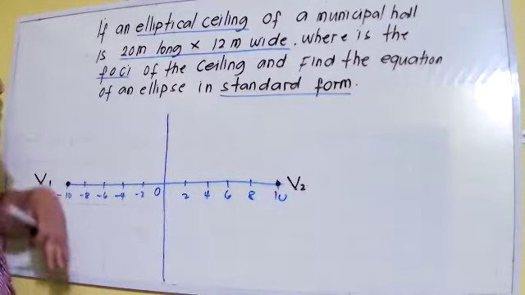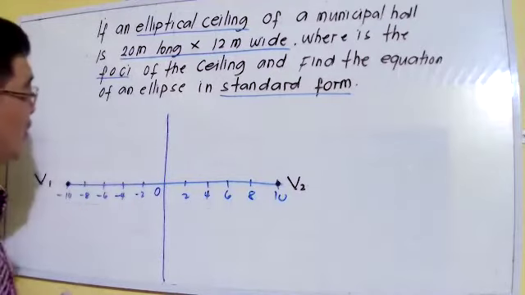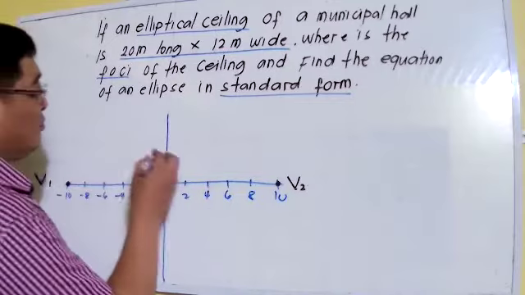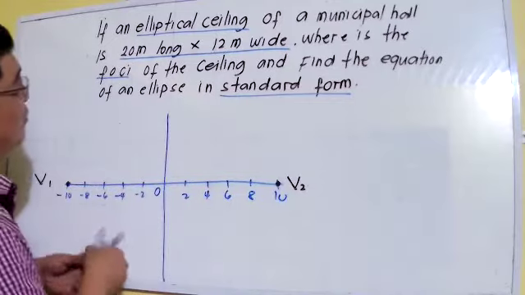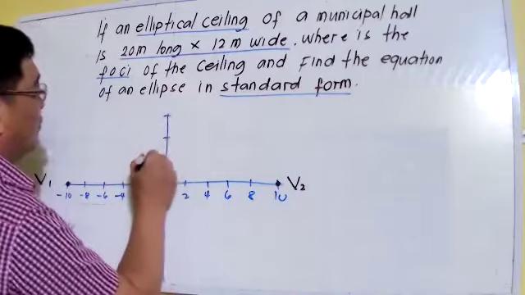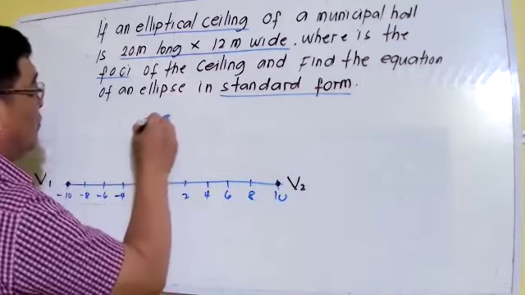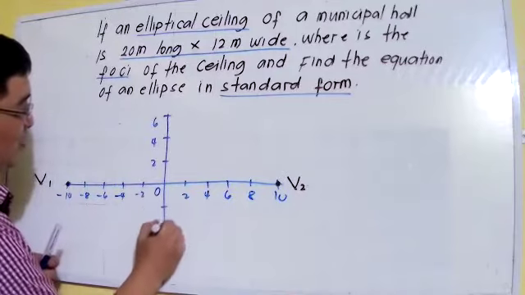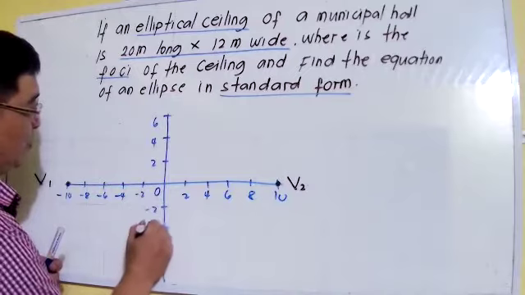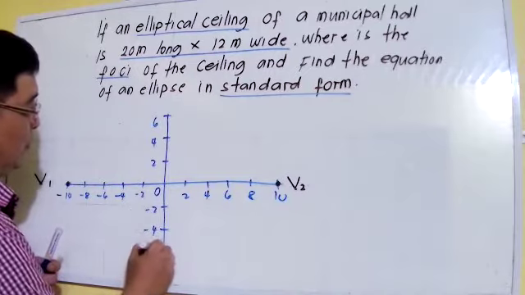And then, ang sabi naman dito, yung width niya is 12 meters. Pwede natin i-divide into 6. So, 6 yung taas, 2, 4, 6, 6 din yung baba, 2, 4, 6.